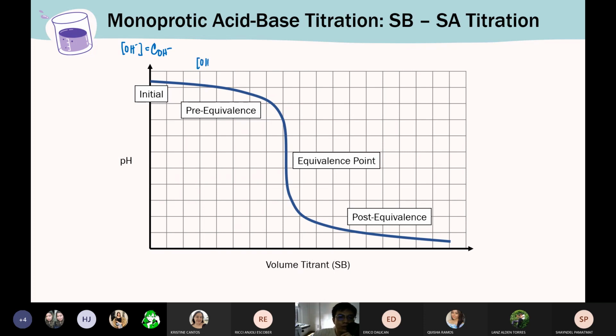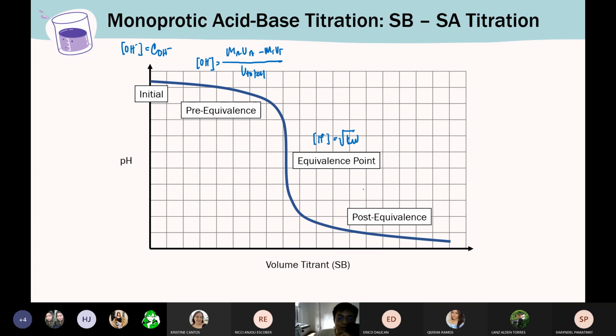So, that's MAVA minus MTVT over V total. And then at equivalence point, it's always 7. So that's H plus equals square root of KW.